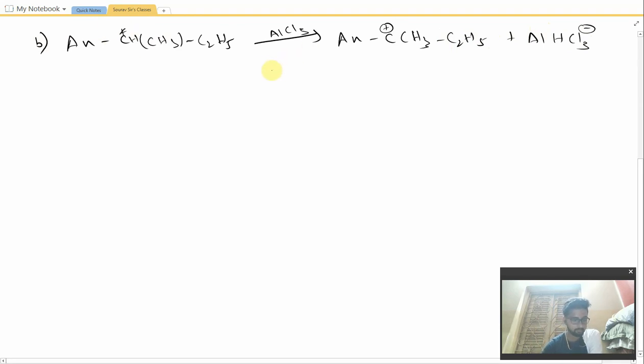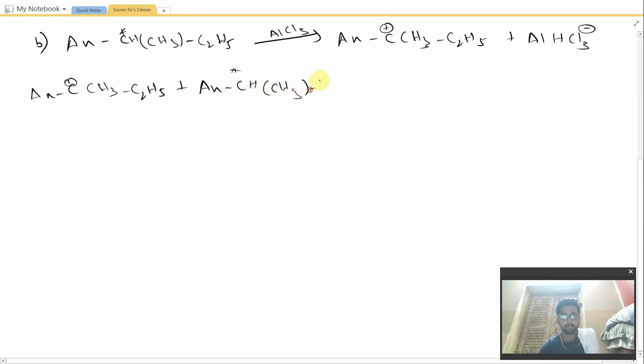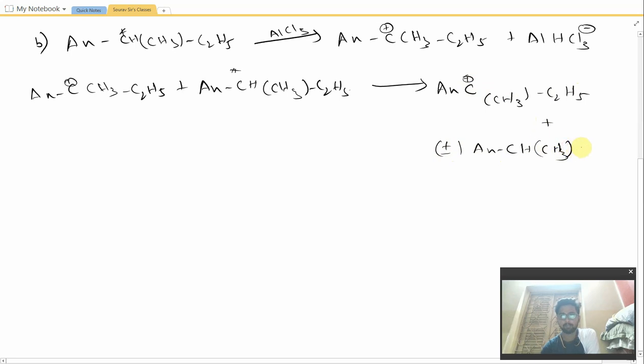Now this intermediate would react with the original compound itself, An-CH(CH3)-C2H5, producing An-C plus CH3 C2H5 plus the minus enantiomer An-CH(CH3)-C2H5.